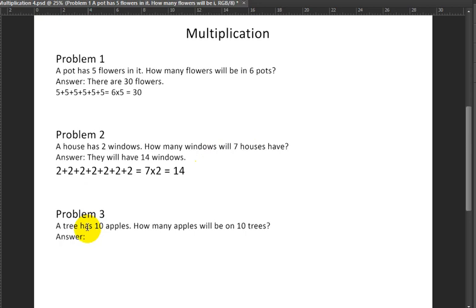Next up, problem number 3 says a tree has 10 apples. How many apples will be on 10 trees? Let's make a tree.